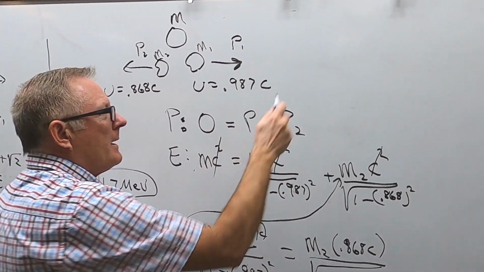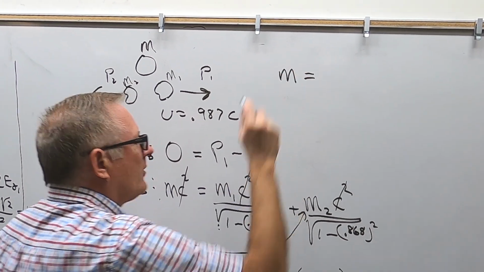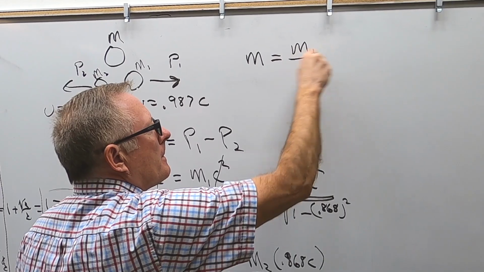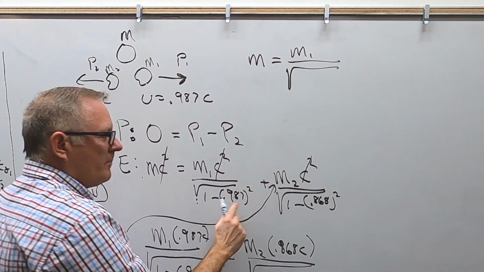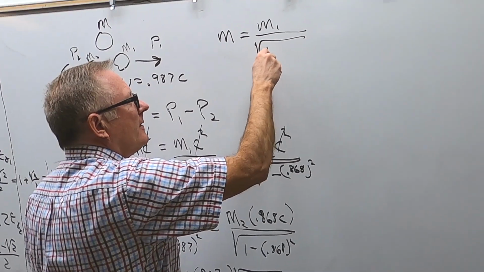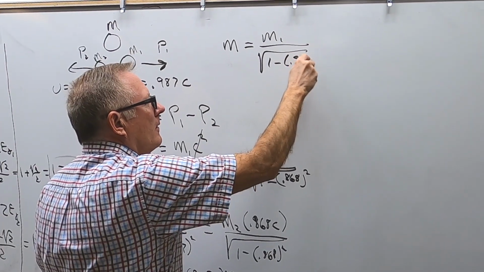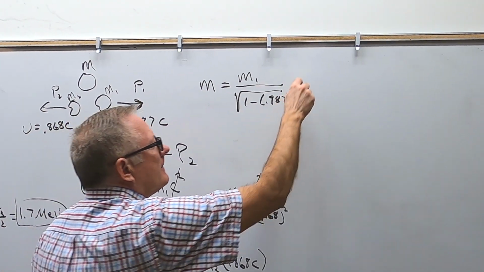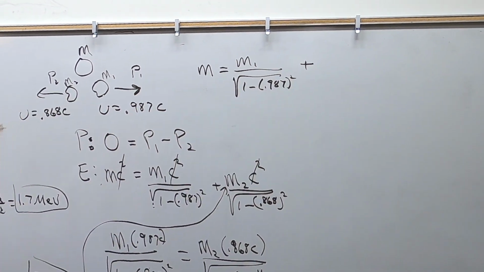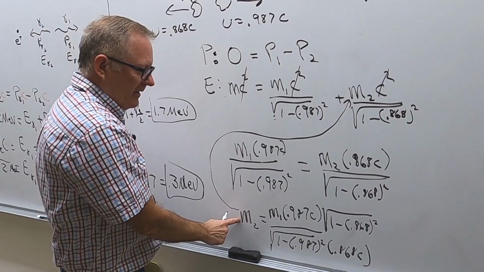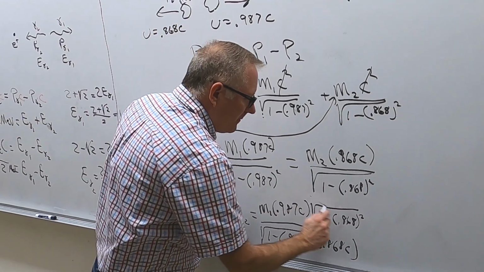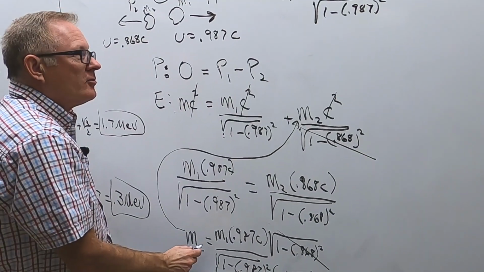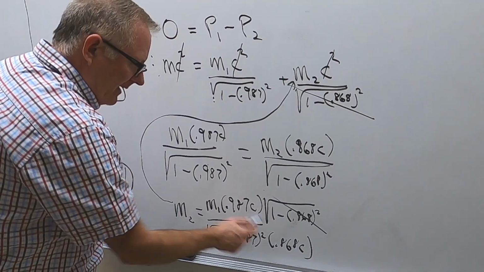So we got m equals m1 over the square root of 1 minus 0.987 squared, plus, now we're going to plug in m2 here, and that term cancels. So we still get an m1, we got the rest of this stuff right here.